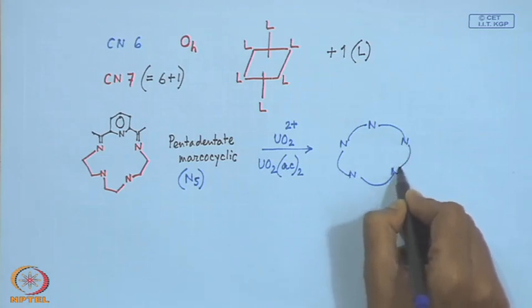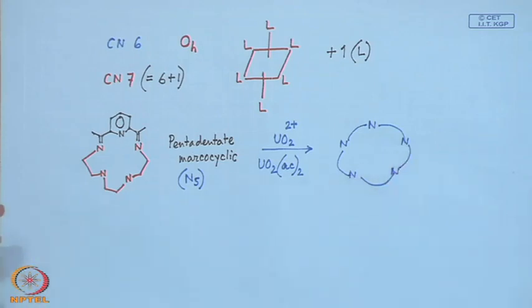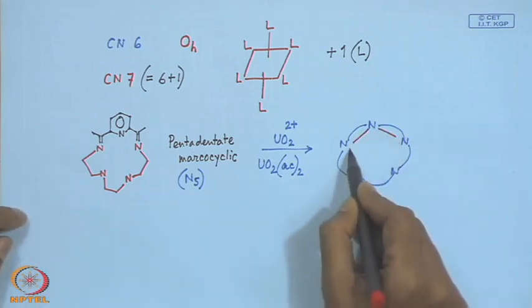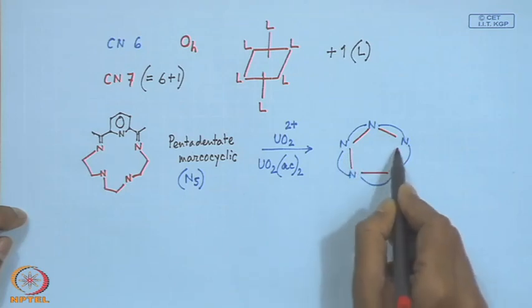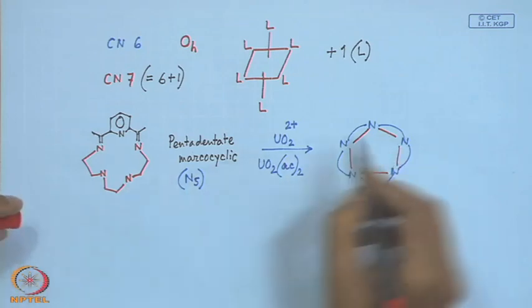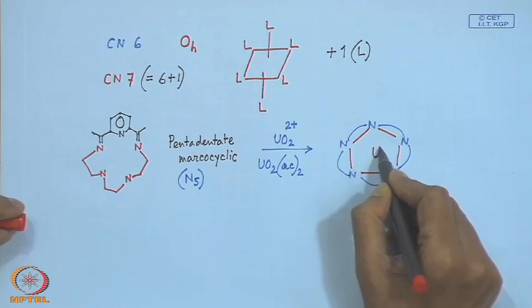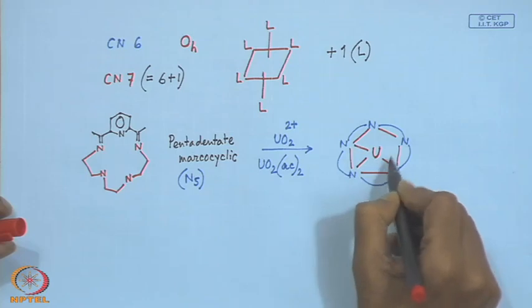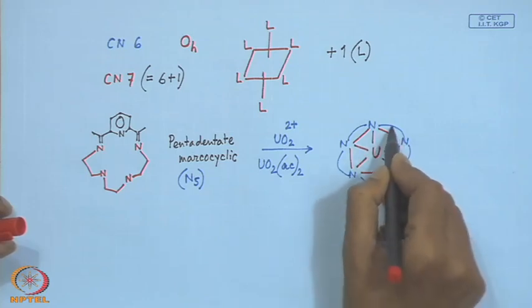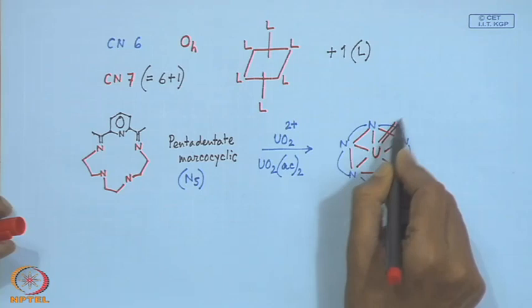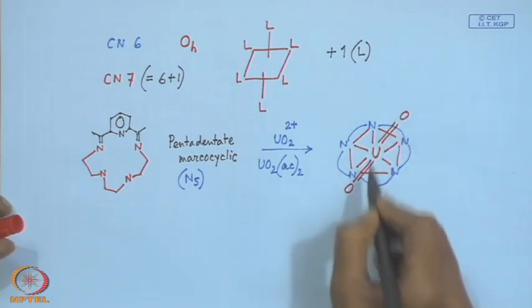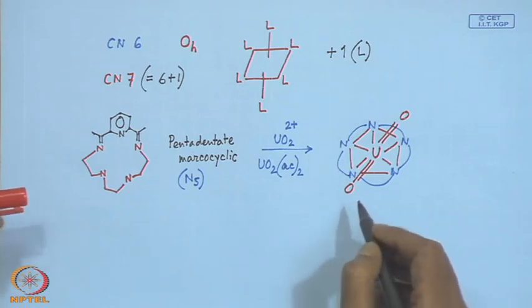and the fifth nitrogen. So, basically what we get from here is a situation where we have a pentagonal arrangement. So, if our uranium is coordinating over here, we get 5 bonds from one plane and this double bond is here and another double bond above and below the pentagonal plane.